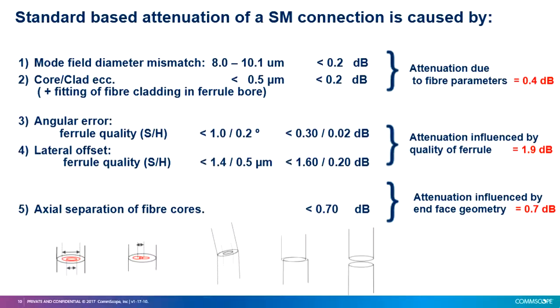In the image at the bottom of the slide, you can see mode field diameter mismatch, core clad, angular error, lateral offset, and axial separation of cores. Combining all these losses should be less than 0.75 dB during our manufacturing process. Almost all the vendors who manufacture this kind of connector are extremely careful and work very hard to bring these values as low as possible.